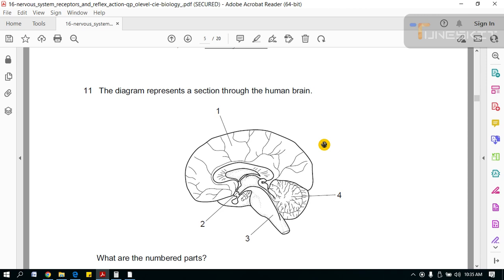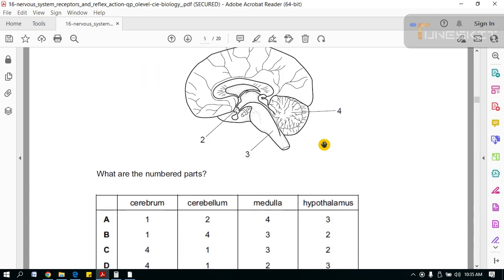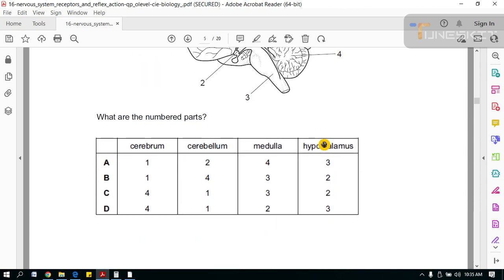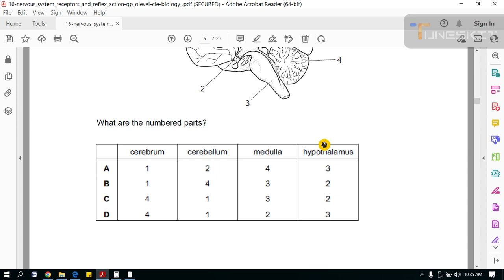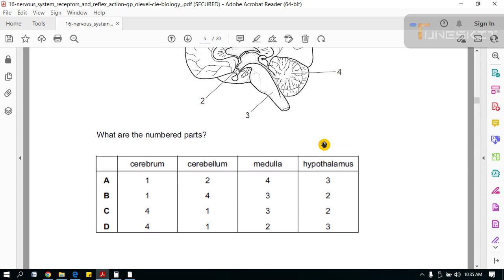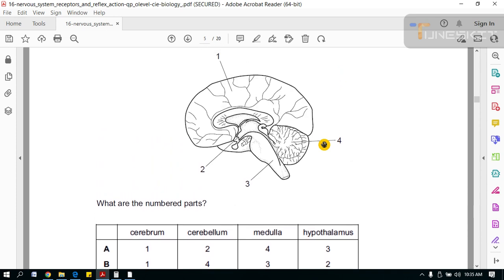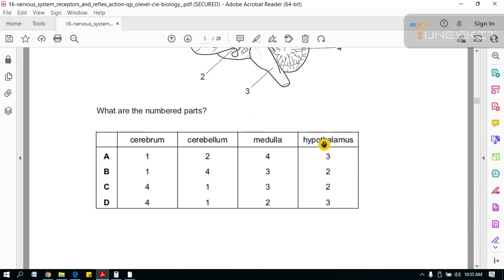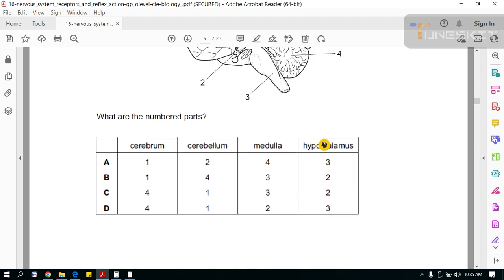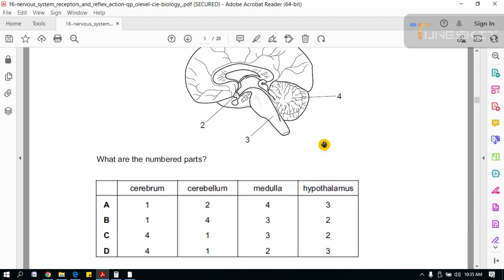So these are 4 parts. Now what are the numbered parts? As we have already named all these parts, which one is cerebrum? Cerebrum is 1. Cerebellum is 4, it means 1, 4.